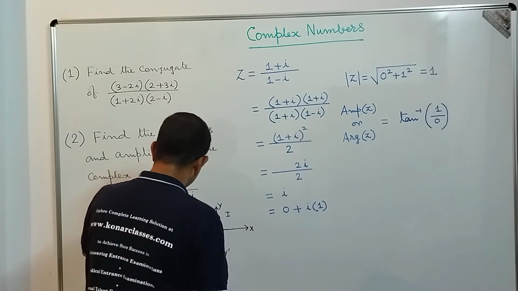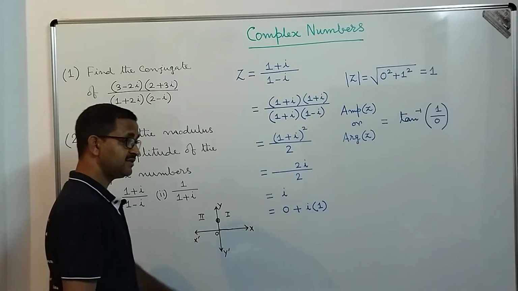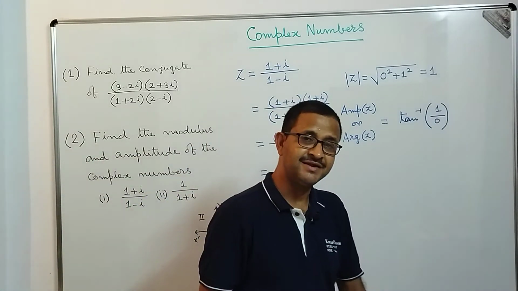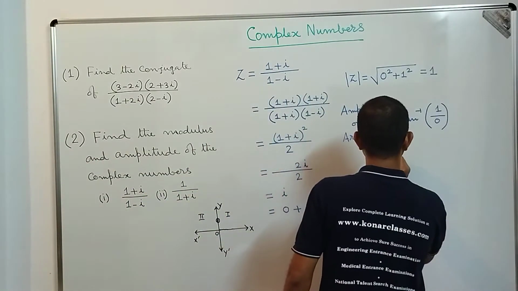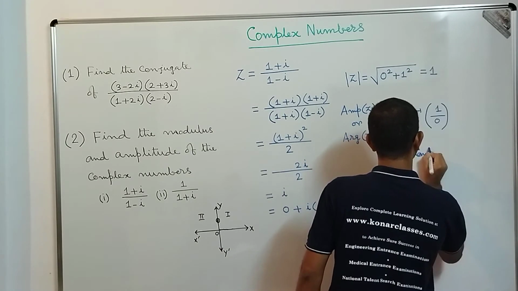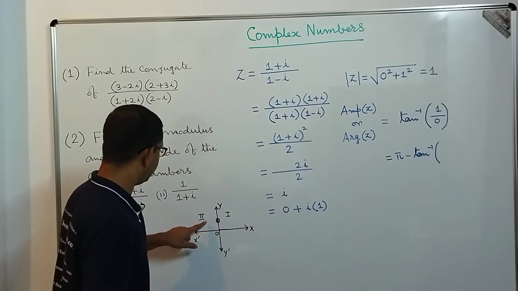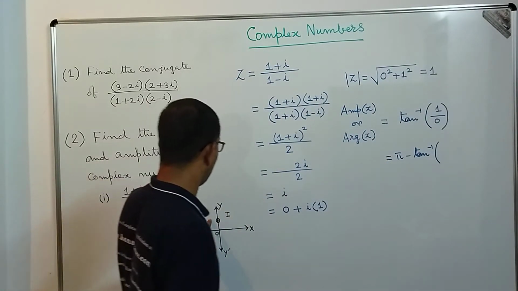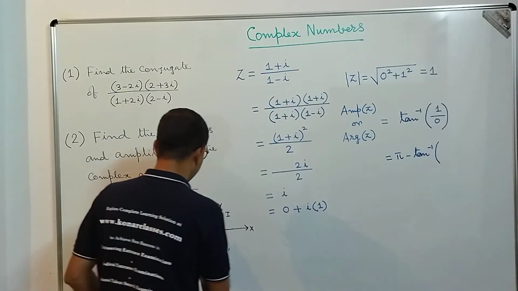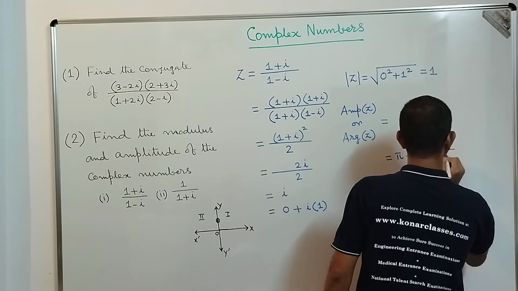Now if we consider this in the second quadrant, then it is equal to pi minus tan inverse of, in the second quadrant we see x is negative, so it should be 1 by mod 0.